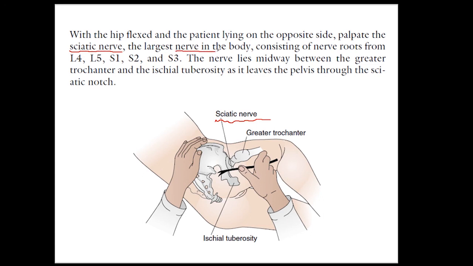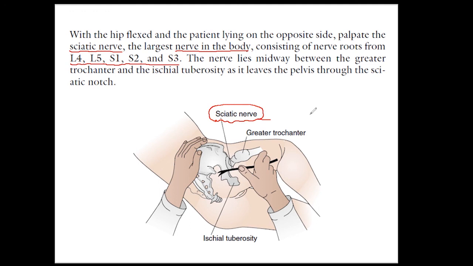It comes out from L4, L5, and S1, S2, and S3. Then they meet together and form a big nerve bunch. That's what we call the sciatic nerve.